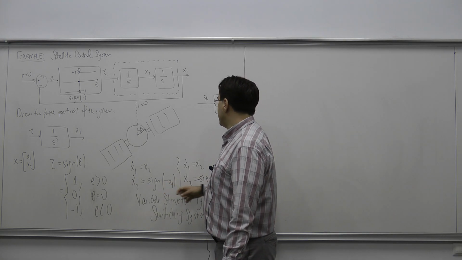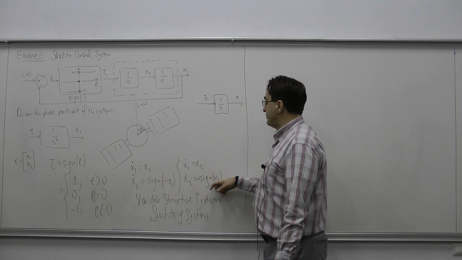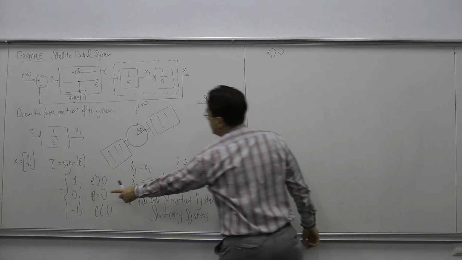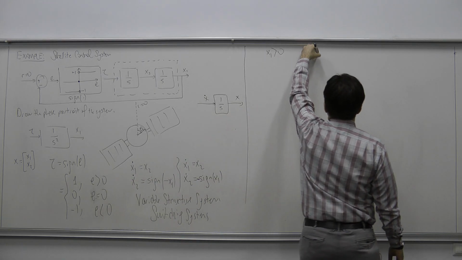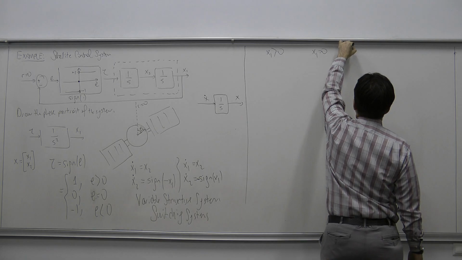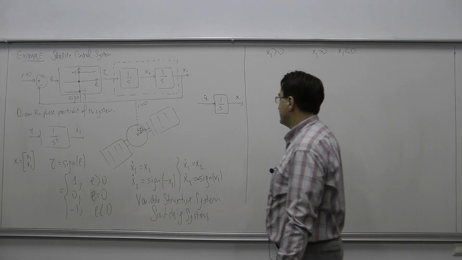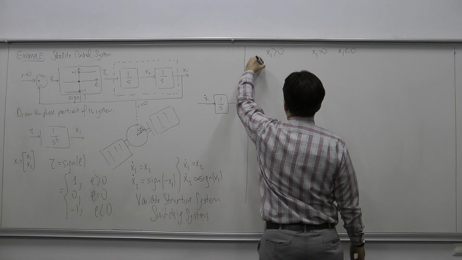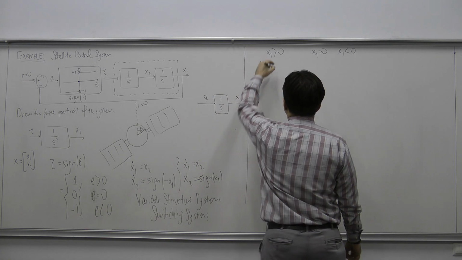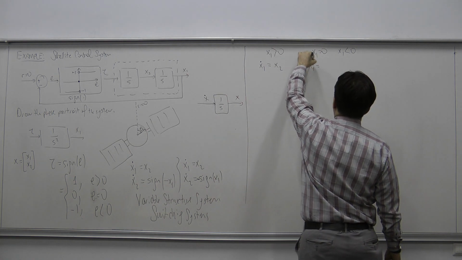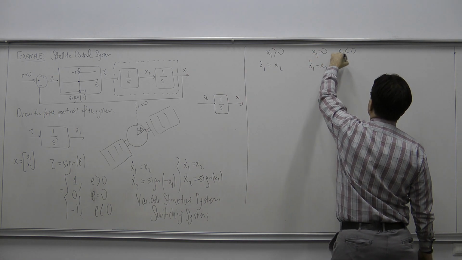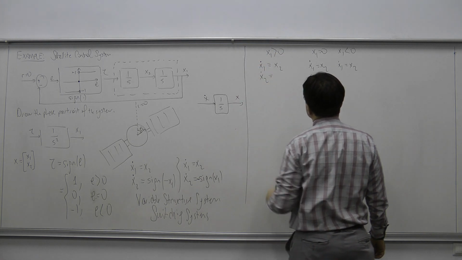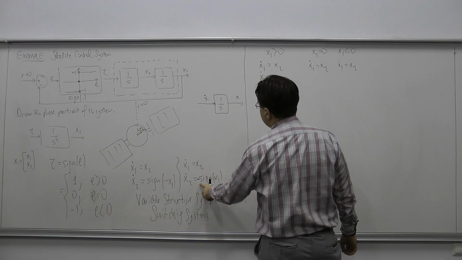So now, what type of equations are we going to have? Our equations are going to be dependent on x1. There are three cases: x1 is positive, x1 is 0, and x1 is negative. Depending on these inequalities or equalities, the equations of the system are going to change. x1 dot is equal to x2 is always the same in all equations, and the second equations are going to change. x2 dot is equal to minus 1 if x1 is positive.